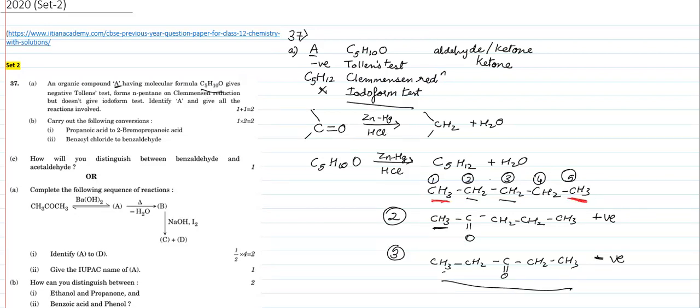Okay, now they've also asked us to identify A, which is pentan-2-one. So A is pentan-2, I'm sorry, pentan-3-one. And the next one is they've asked us to give the reactions involved, and the only reaction that I can see that has occurred is the Clemmensen reduction. So I'm going to quickly write that too.